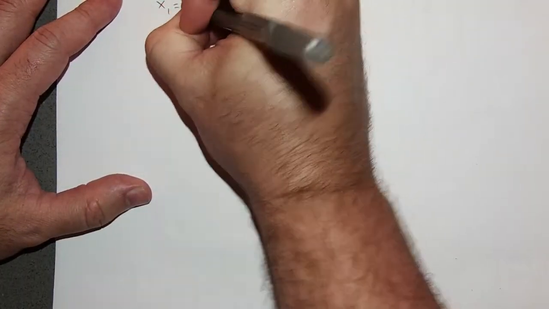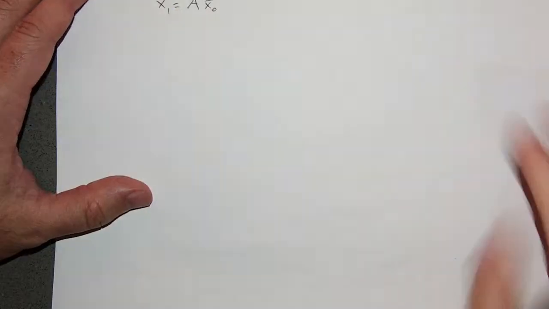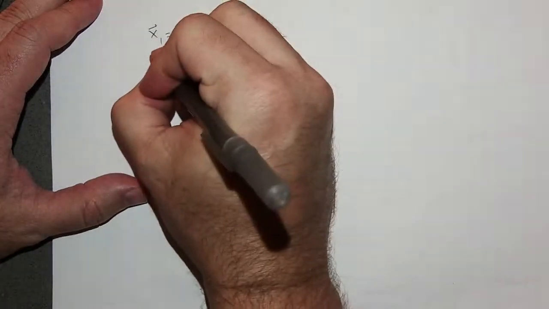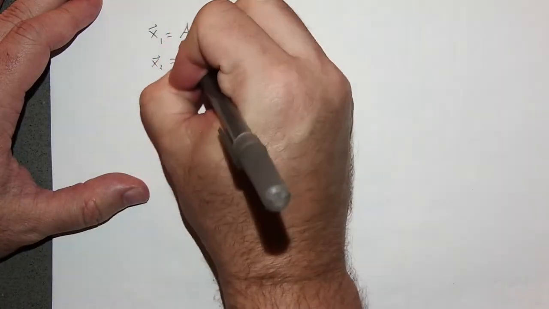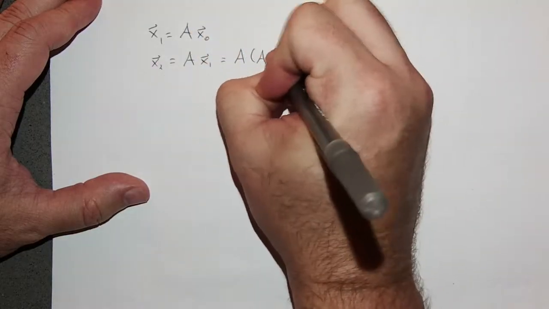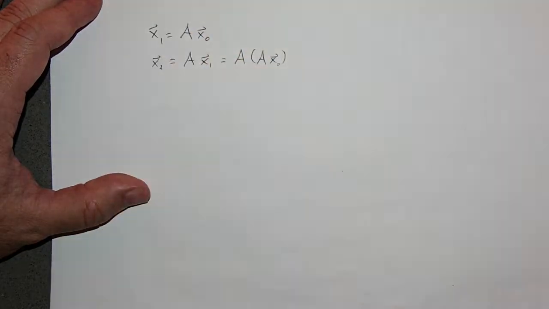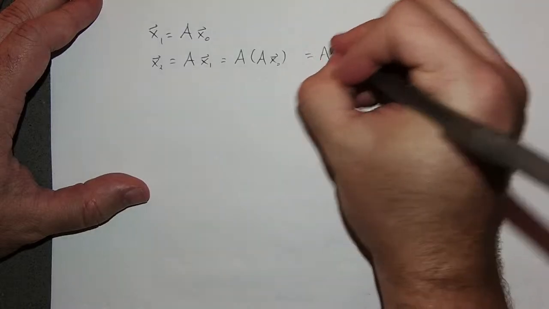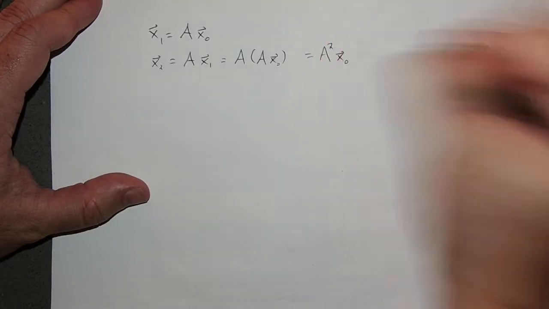Of course, just like before, I'm not going to keep doing this. You notice the pattern. If x1 is A times x naught, then x2 is A of x1, but that's really A times A of x naught, since x1 is A x naught. So this is A squared times x naught.